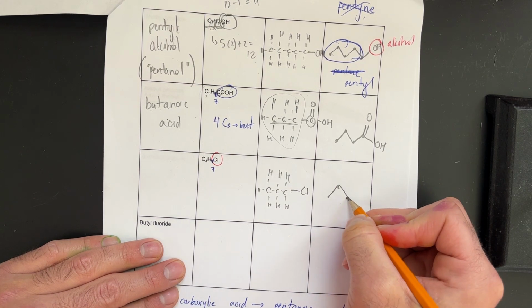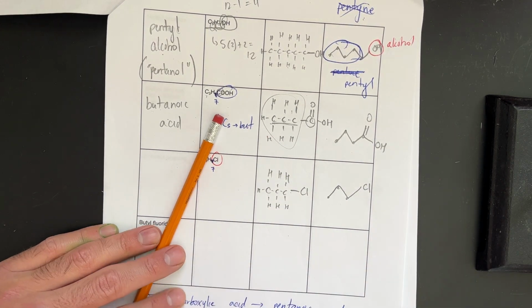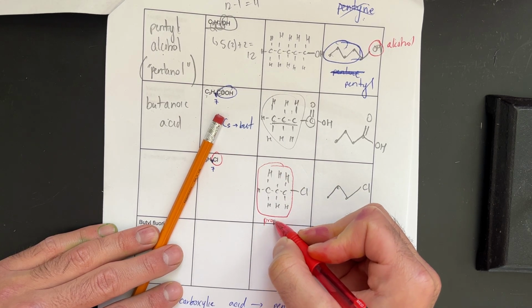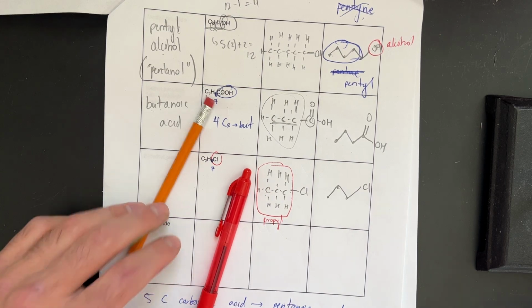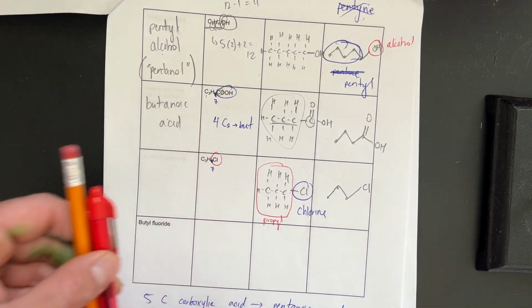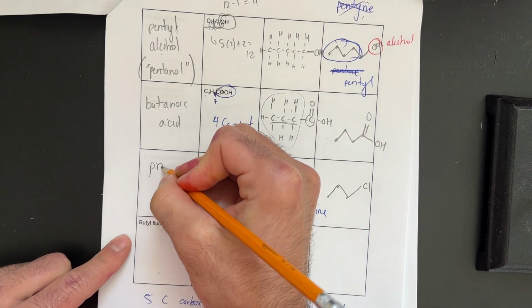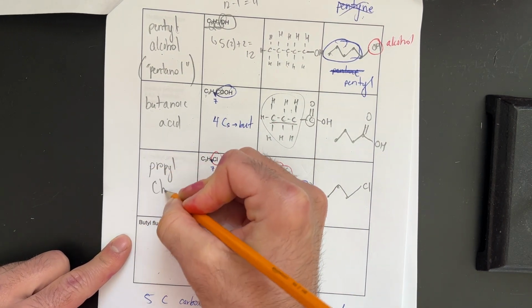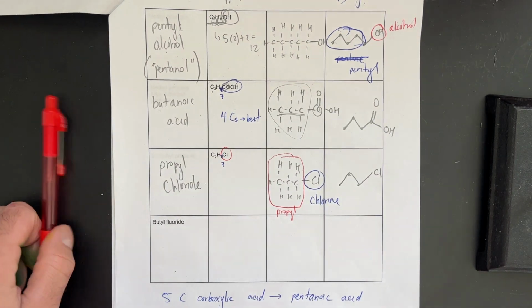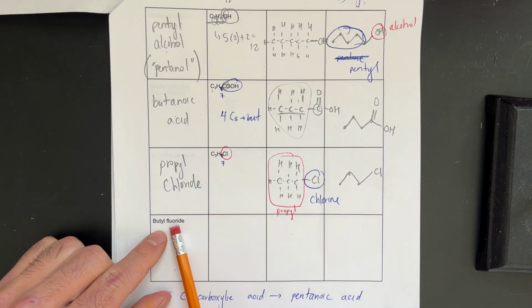Well, you got these 3, and then you're adding on a Cl. What do we call this guy? This is, as we mentioned, propyl. It's a propyl group, and you're adding on chlorine. And so this is, altogether, propyl chloride. There you go.